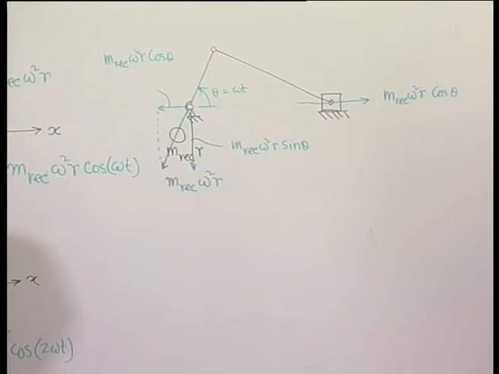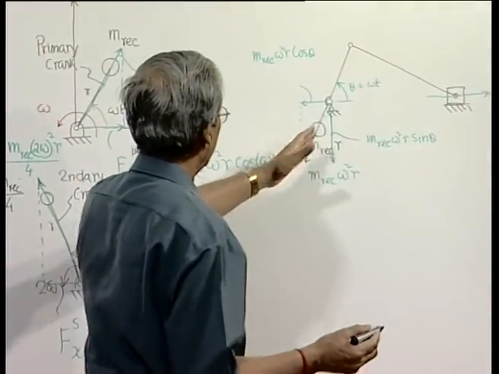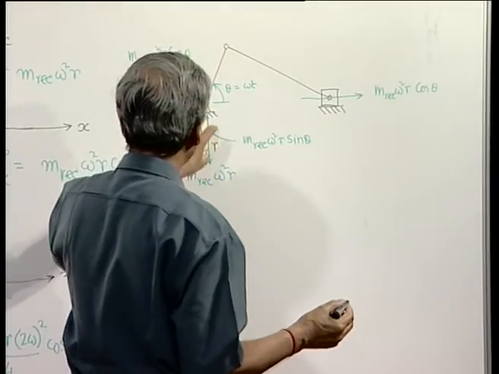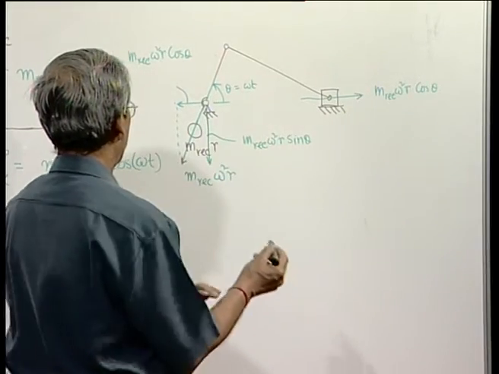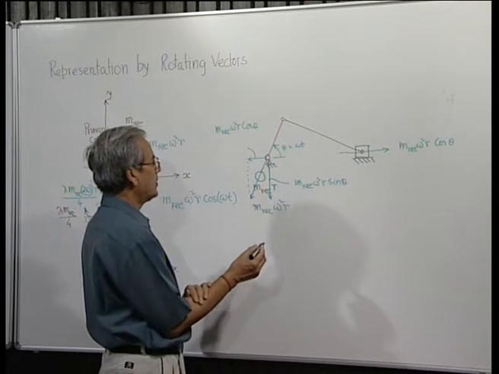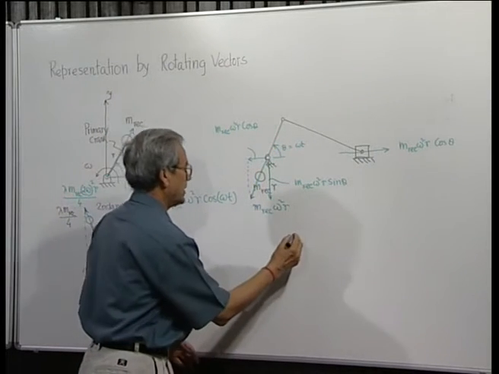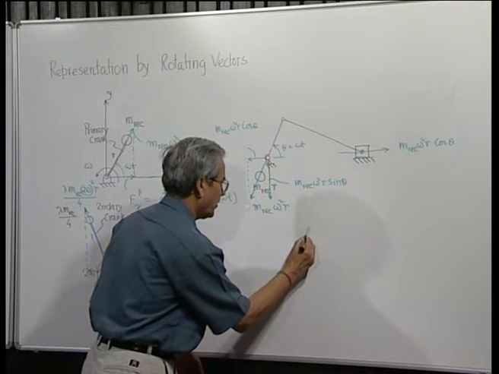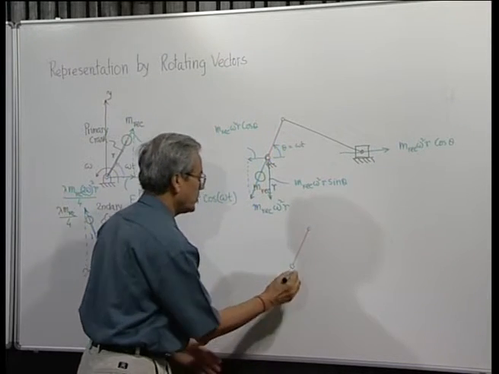Now, what is happening is that the actual original unbalance due to the reciprocating mass and the centrifugal unbalance force produced by this balancing mass attached as a counterweight, in effect, the resultant system will be now subjected to an unbalanced force which is in the y direction.